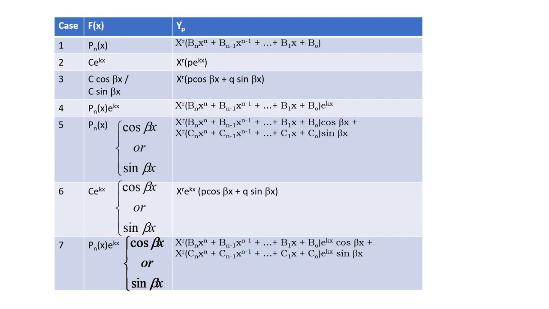Then you choose your yp in the same form: a polynomial of degree n, with coefficients bn, bn minus 1, up to b1, b0, which we are going to determine later on. That's why this is called undetermined coefficients.